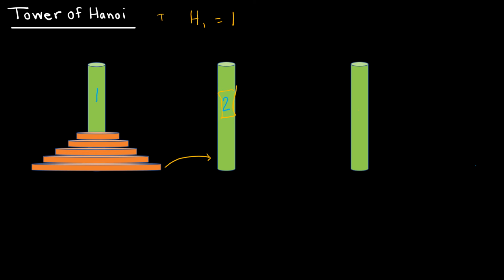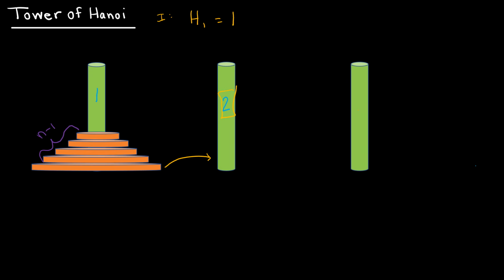Now I want to find the recursive definition. And remember that I'm not looking for a specific number. I'm just saying in terms of some value before. So what I know is that this set would be n minus 1 disks, because I start with n disks.